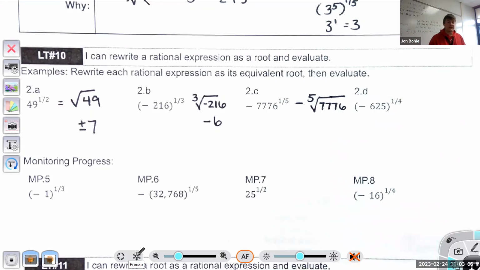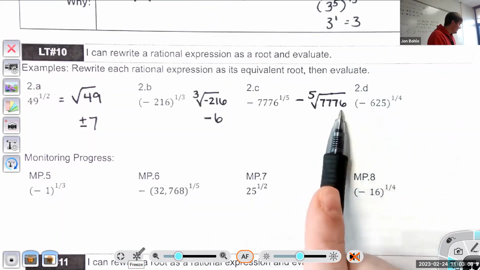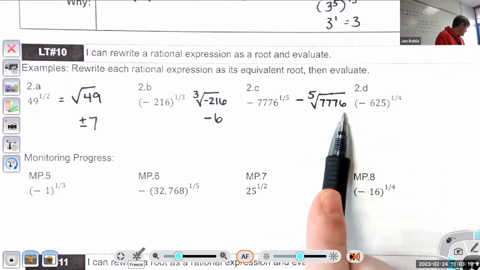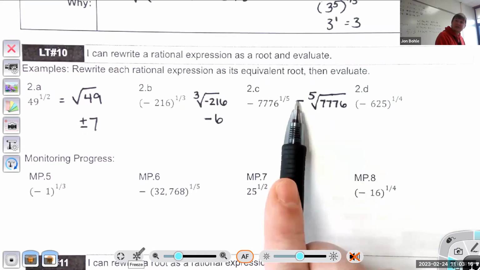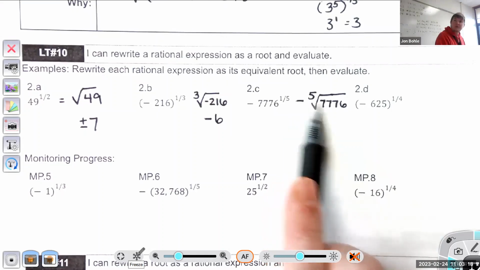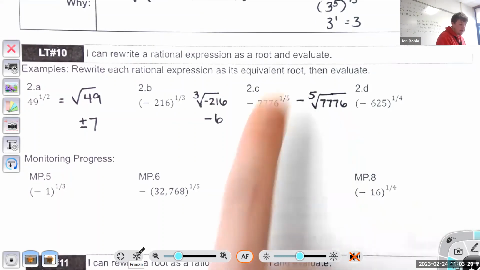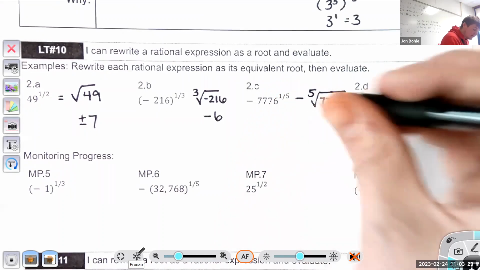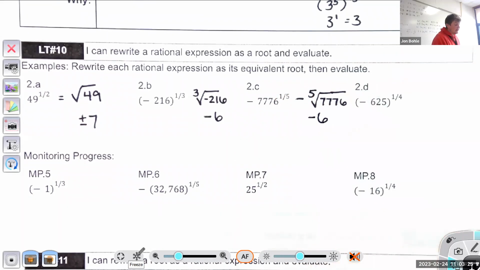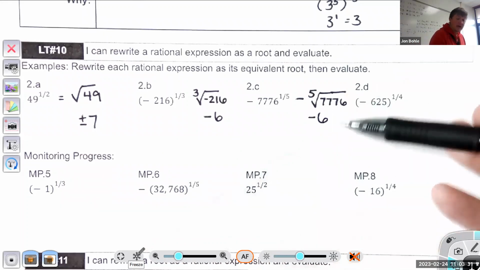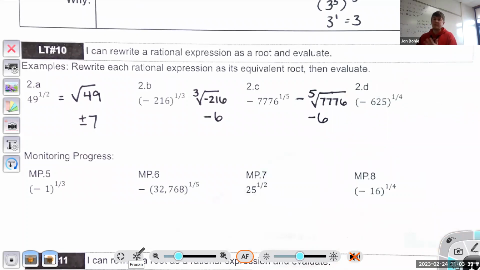Okay, so what is the fifth root of 7,776? 6, but I have this minus sign, so this is the opposite of the fifth root of 7,776. So then this is -6. I know they seem very much the same, but there are subtle differences there. That's why I'm having you write both of them out, so you can show me that you know.